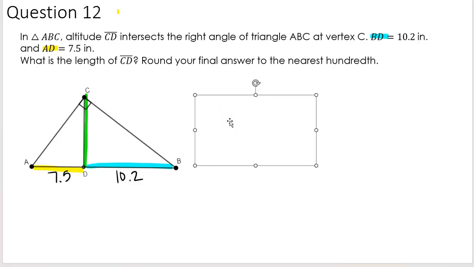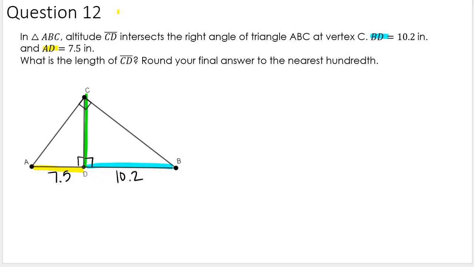Okay. So we've got two triangles here because our altitude creates a right angle. It's perpendicular to this base down here. Okay, so that created a right angle here and a right angle there. See that? Okay. CD is our altitude right here.